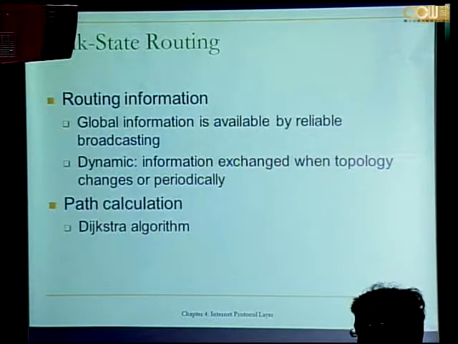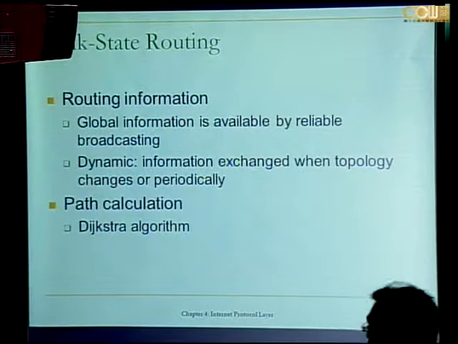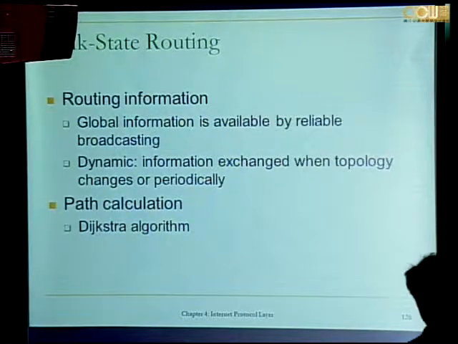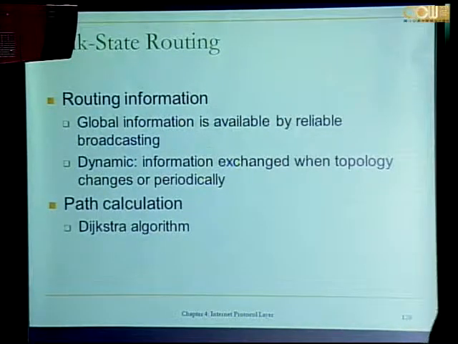The reason is that it needs to do reliable broadcasting. You need to send the link state to all routers reliably. And of course, it's dynamic. You dynamically update the routing table, and the calculation is done by Dijkstra.